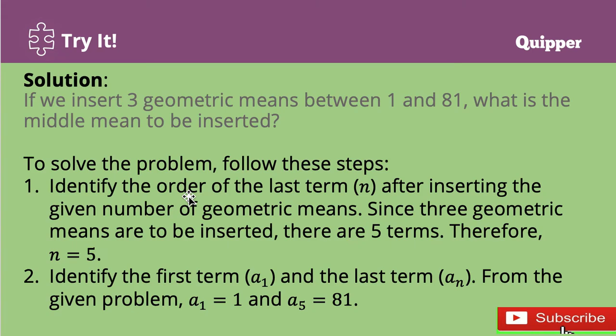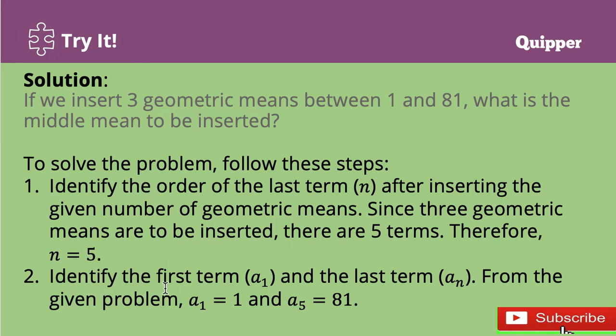To solve this problem, we'll follow these steps. First, identify the order of the last term, or n, which is the number of terms. Since there are 3 geometric means to be inserted, and there is already a first and last term, there are 5 terms all in all, and n is equal to 5.